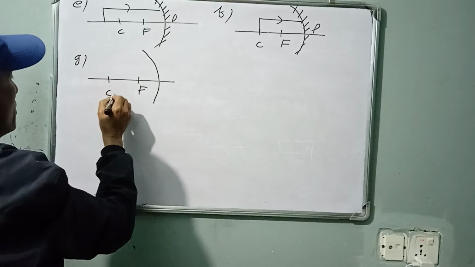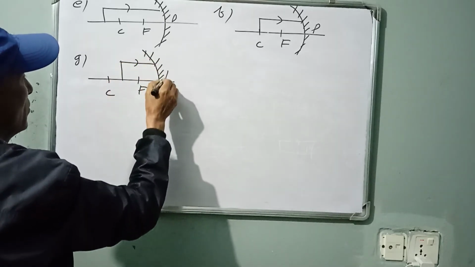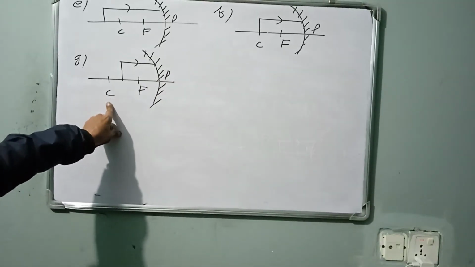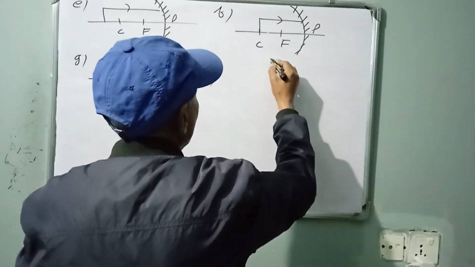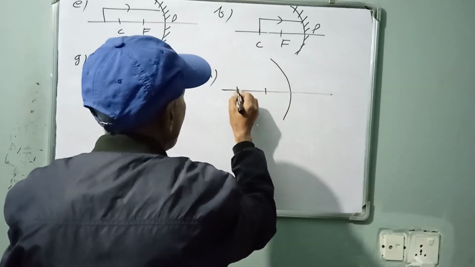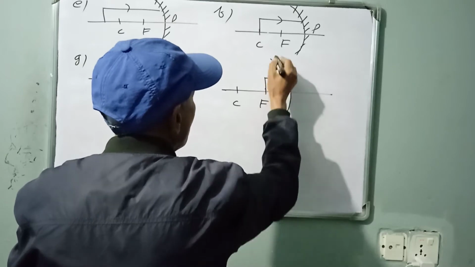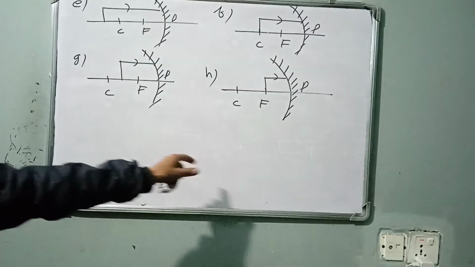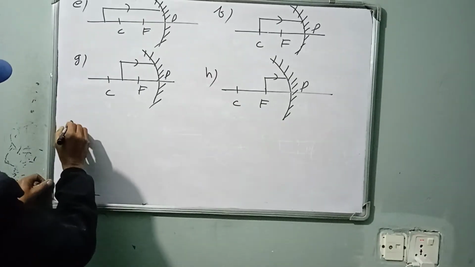Focus, center of curvature, object between center of curvature C and focus F. H, object at F. Object at F. This is an incomplete diagram, you have to complete it.